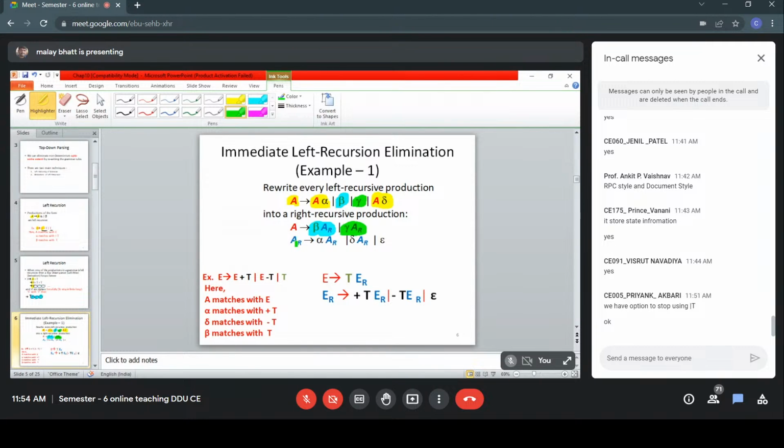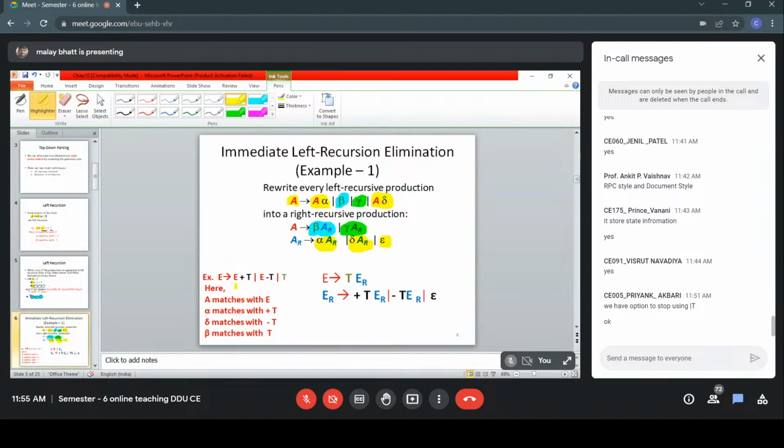And for this AR, we'll write the remaining portion from the left recursive rules: alpha AR and delta AR. Delta is the remaining portion from the left recursive rule. And we write null to terminate this process. Otherwise, it will go again into an infinite loop, as there is no termination for non-terminal AR.